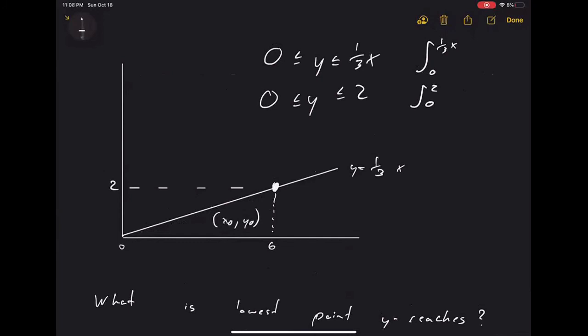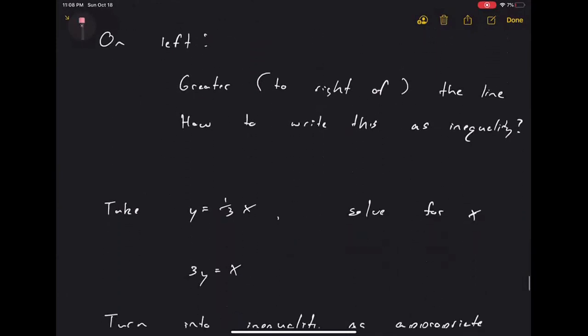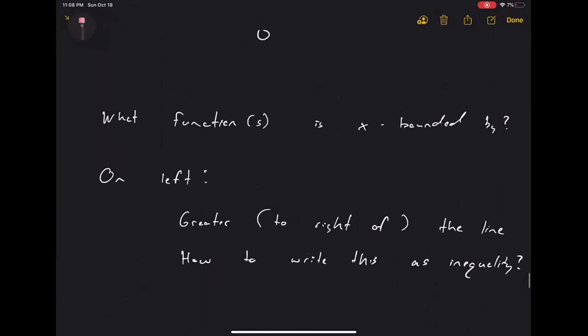And think about all the points of that form, x naught, y naught, x1, y1, etc. All the x values are greater than or equal to the x values on this line, because all these points in here are to the right of my line. So our x coordinates are greater than or equal to the x coordinates on the line.